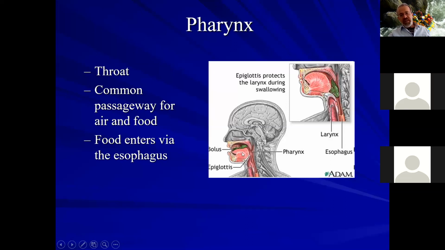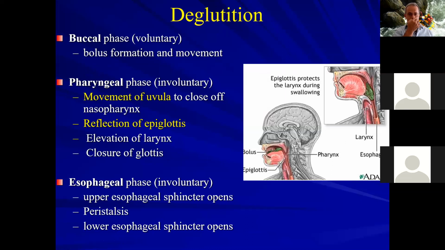But during this process is deglutition. So what's deglutition? What are the steps of deglutition? We have voluntary and then involuntary. The voluntary part is what's called the buccal phase. Remember, those of you in anatomy, remember the buccinator muscle in the cheek?